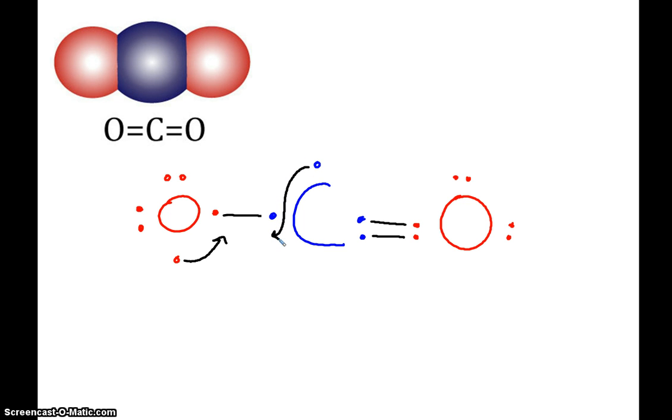If we do that, we're going to get electrons coming here and here, and we'll form a bond right there. Let's go back and get rid of those. And there is carbon dioxide. So you can see a double bond forms between each of those.